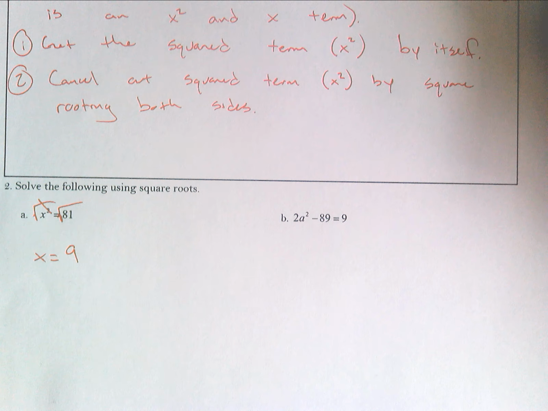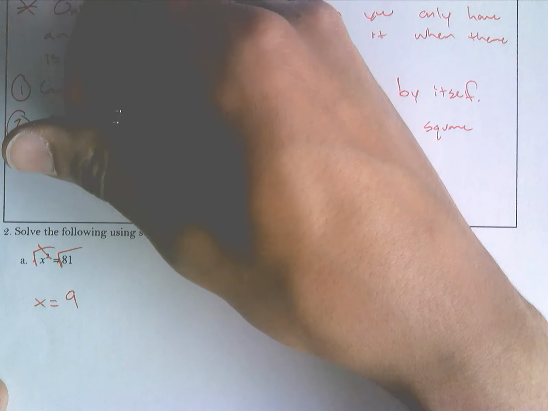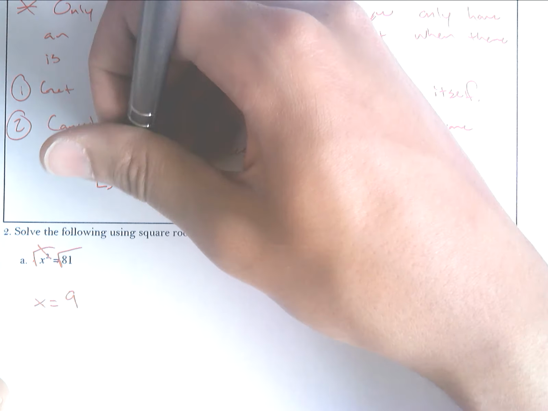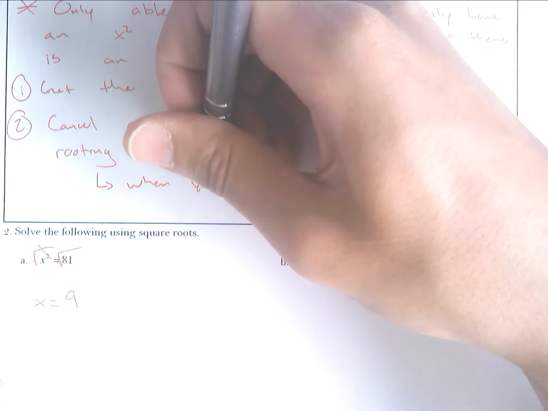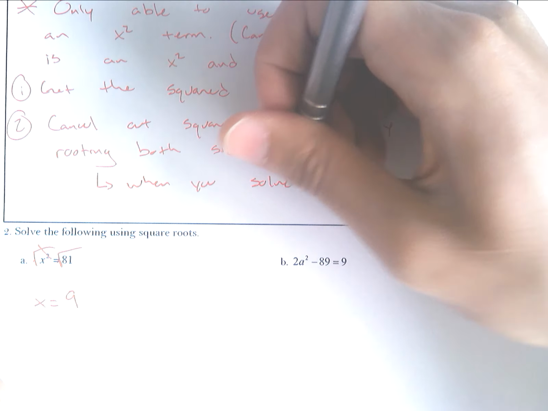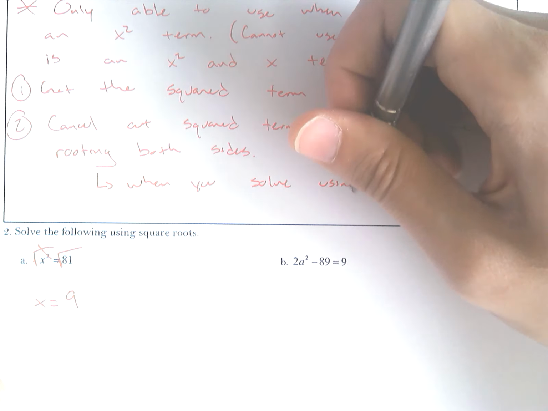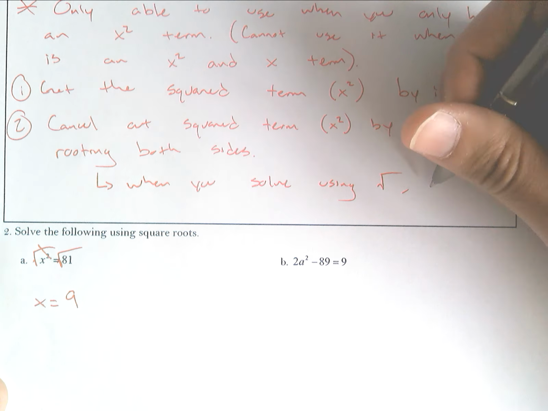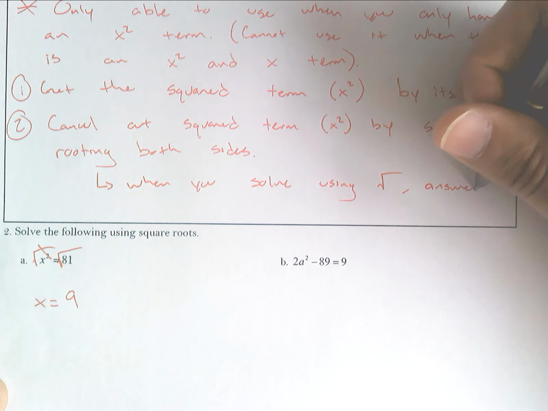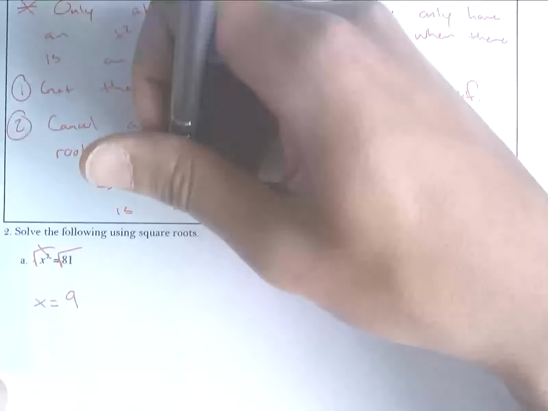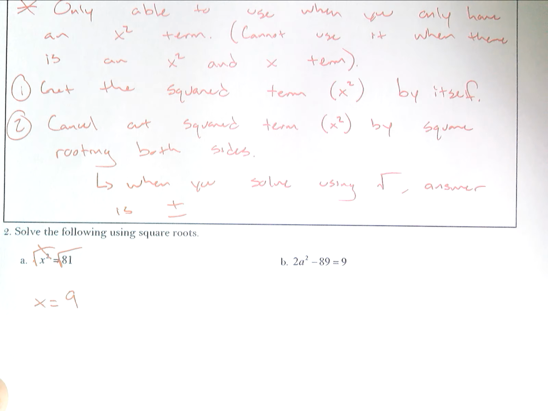One quick note that I want to add here. In step 2, when you solve using square roots, your answer is plus or minus. We're going to write that as a plus over a minus.